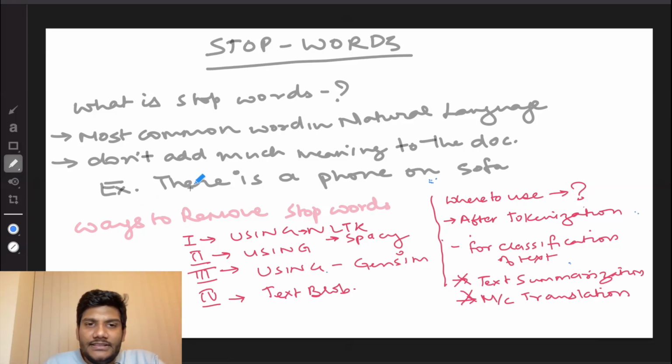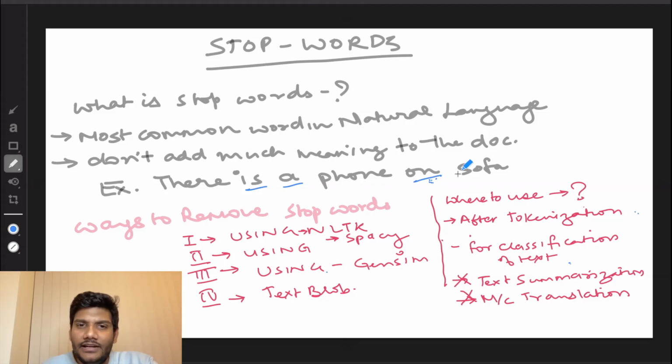Consider this example wherein we have a sentence, there is a phone on sofa. Now from this sentence, suppose I remove words like is, a, and on, then the remaining words we are left with are there, phone, and sofa.